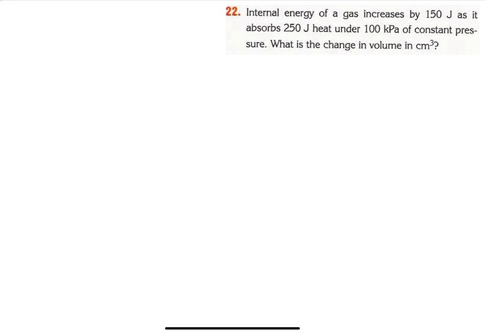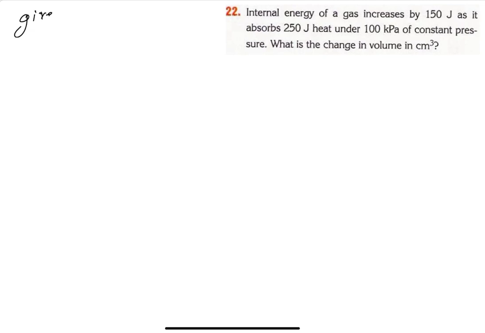Question 22. Internal energy of a gas increases by 150 joules as it absorbs 250 joules of heat under 100 kilopascals of constant pressure. What is the change in volume in centimeters cubed? So here, let's write the given firstly.